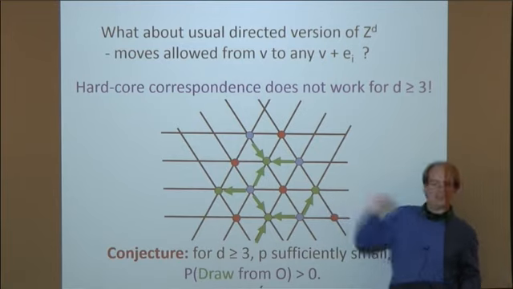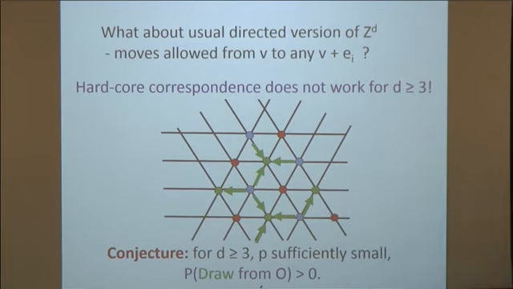And that's no good because they're adjacent to the red vertices as well. So that's just not the hardcore model. It's some other dynamic. So it really doesn't work there, but we conjecture nevertheless that again, in 2 dimensions you do not have draws, that's a theorem, and in 3 dimensions we conjecture that you do, for p sufficiently small.